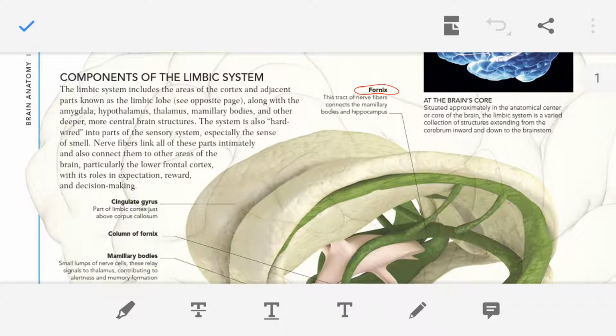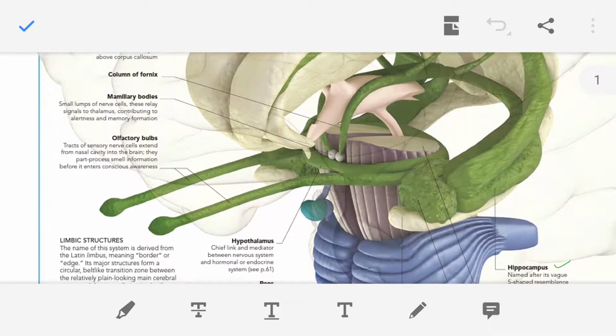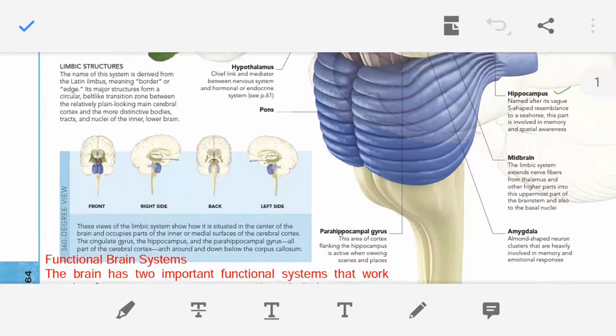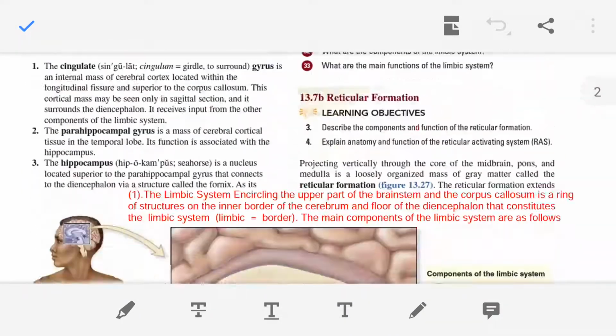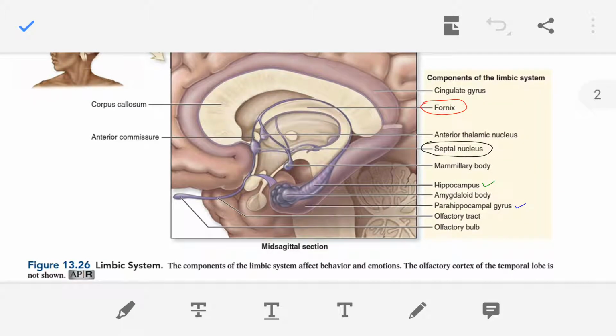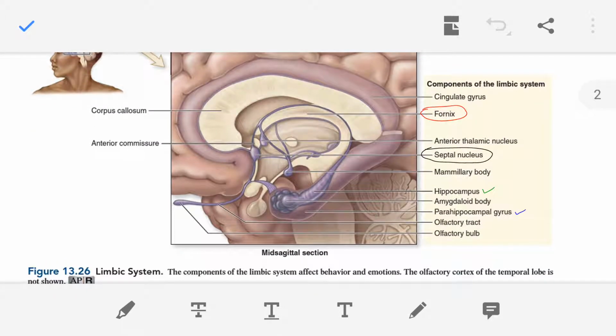Let's see it in some other figures also. Not shown over here.